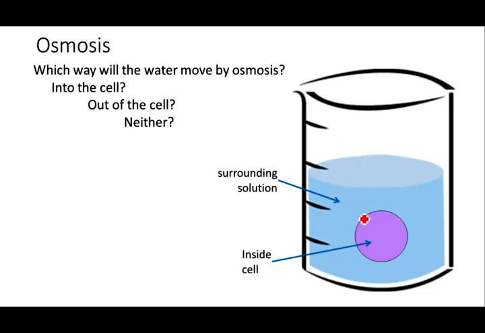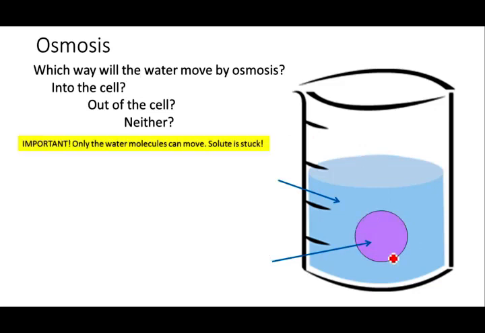In this case, we're imagining that this is a real cell that has a cell membrane around it. And the thing to remember is that only water molecules can move into the cell or out of the cell, and the solute is stuck on whichever side it started with. So only the water can move down its concentration gradient, not the solute.